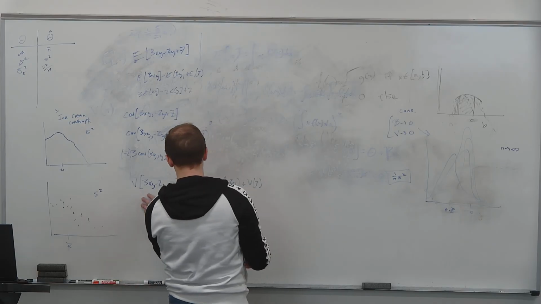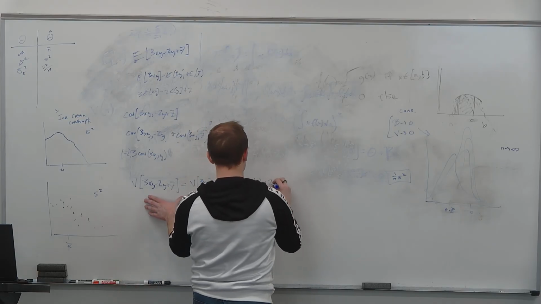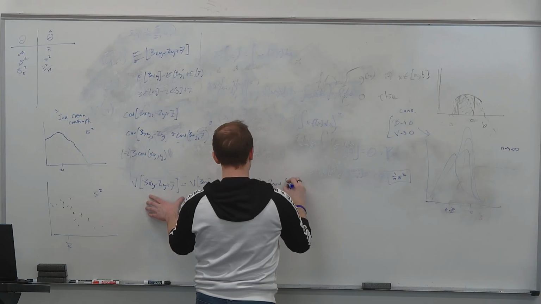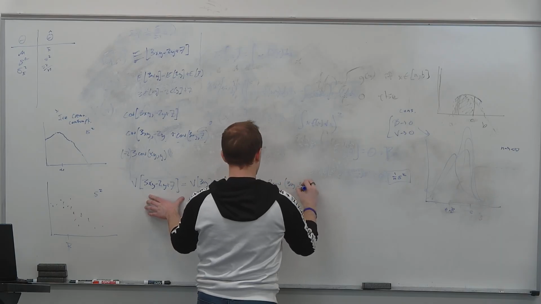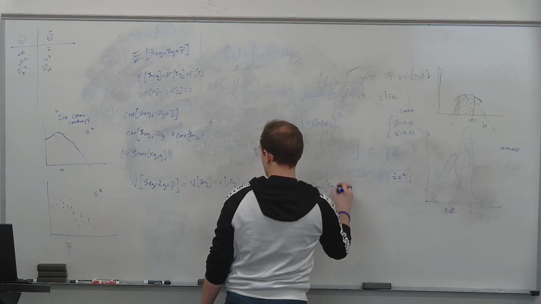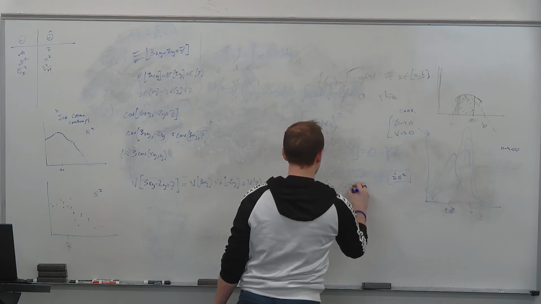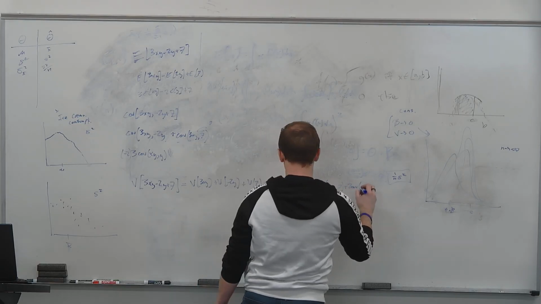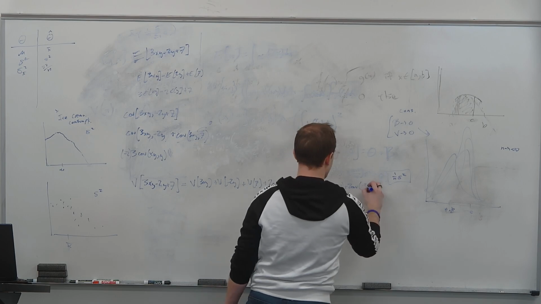And now for each of these pairs I need a covariance. So it's 2 times the covariance of 3xy and negative 2y, plus 2 times the covariance of 3xy and 7, plus 2 times the covariance of negative 2y and 7.